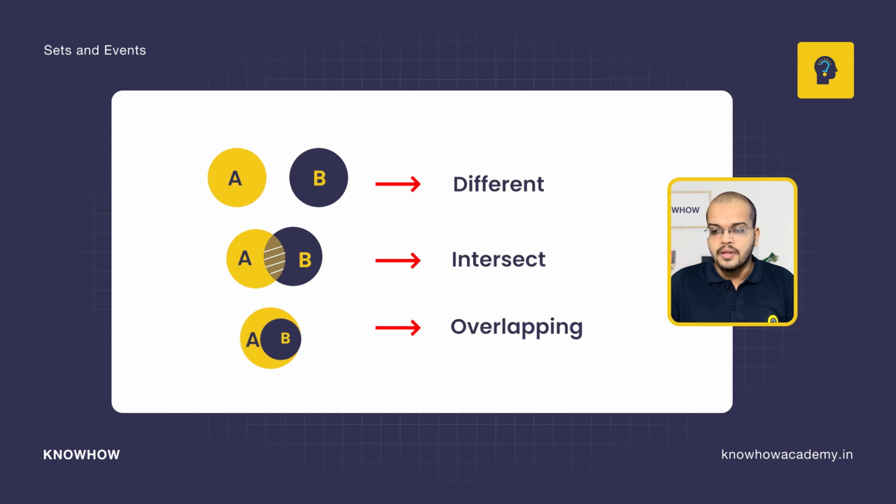For example, if I want to pick B, first I have to get A, then I will get B. But intersect is not like that. What all we have in set A and set B, the common part between both, we get as an output. Two events occurring at the same time. So one is the disjoint one which is not interacting, the second is intersect, and the third is overlapping.